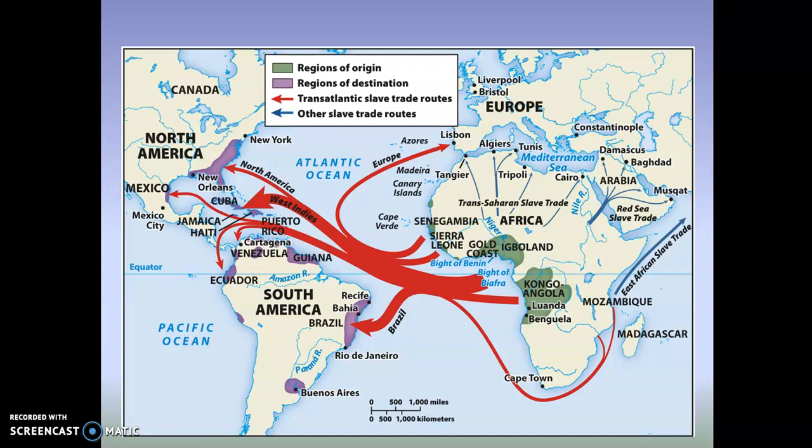But in terms of the sheer volume, when you take a look at the map, the thicker the arrow, the higher the volume of slaves. So most of them are going to have their final destination be in the Caribbean, like in the West Indies, or in Brazil. So again, this just gives us an idea of how this system began when we look at it purely for economic purposes.